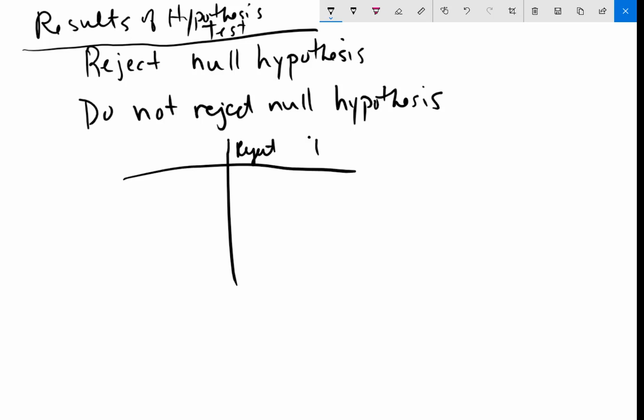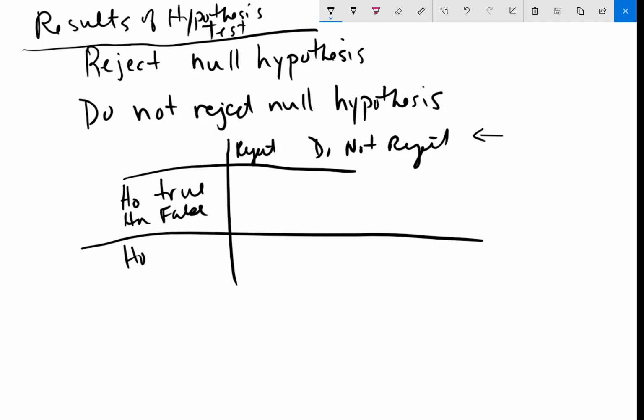If we reject or we do not reject. And here, based on our test, we did this. In real life, the null was true. The alternative was false. The null was false, and the alternative was true. Now, if I rejected the null hypothesis and it was true, I made an error, and we call that thing a type 1 error.